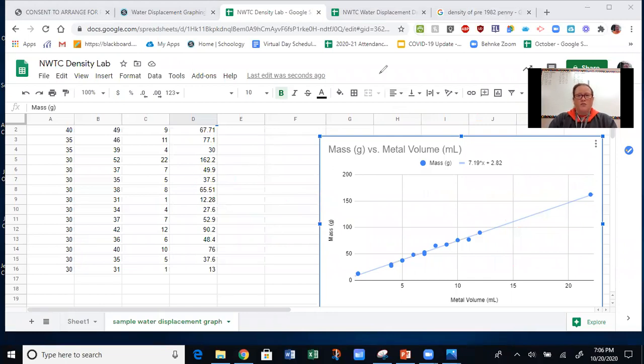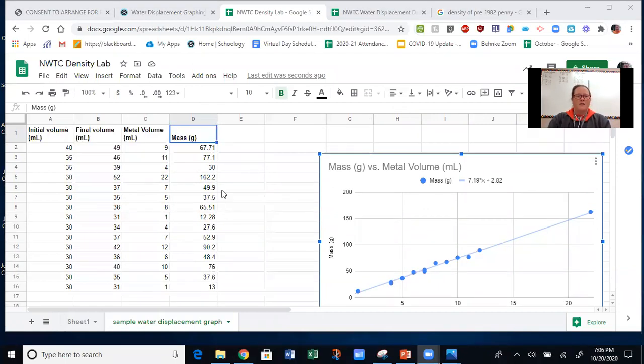You are going to take that information and the mass information, these two columns, and make a scatter plot in which you insert a trend line and add the equation. Then you will take the slope and use it as your experimental density in the equation that I provided.